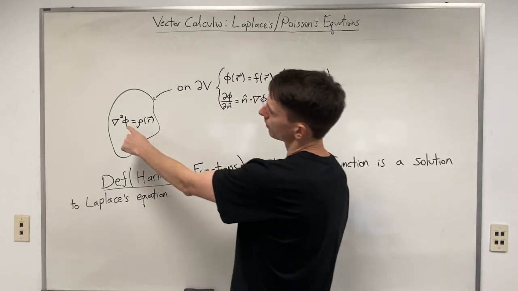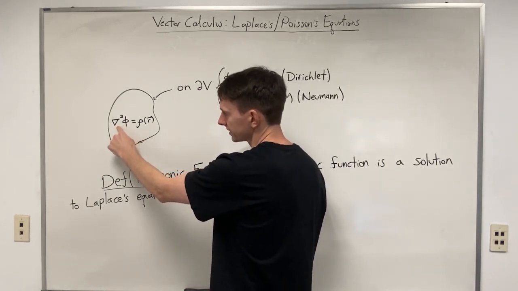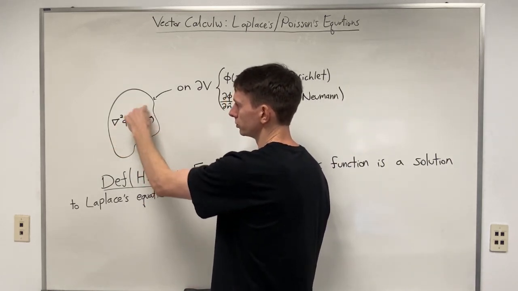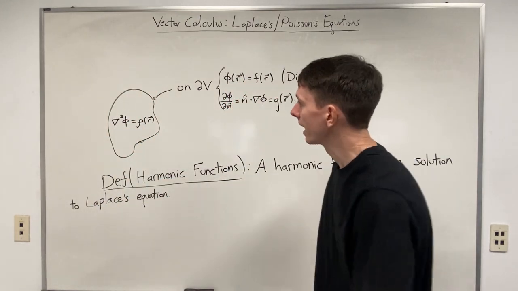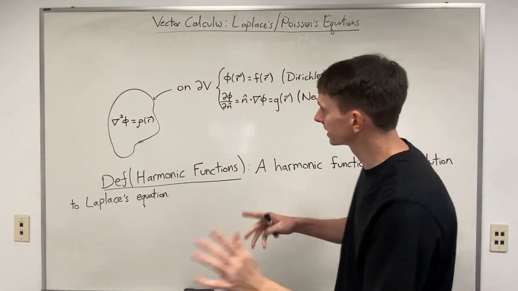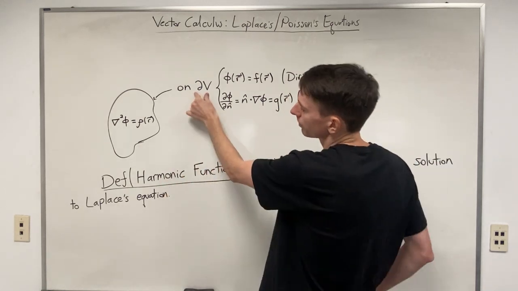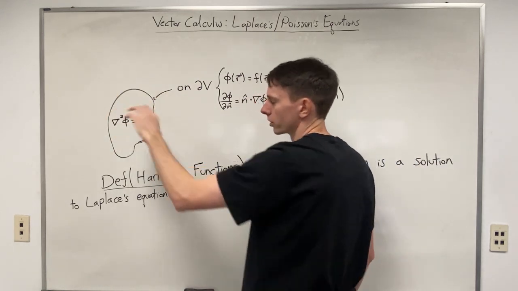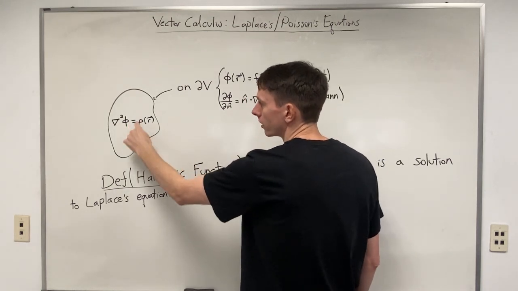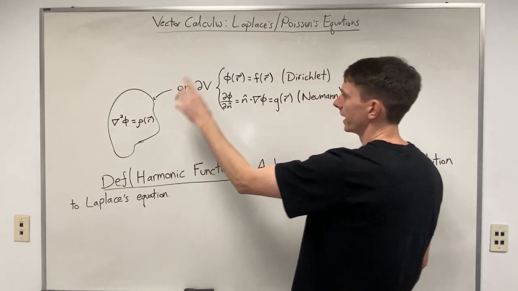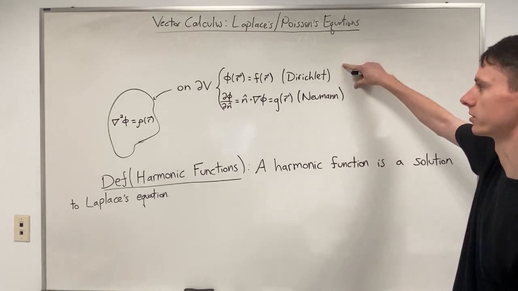But we know that if you take the Laplacian of phi, it's equal to some density distribution defined on this volume, that being the first piece, and the second piece being that you know information about your function phi on the boundary of this volume. And we went through these 2 specific cases, right?